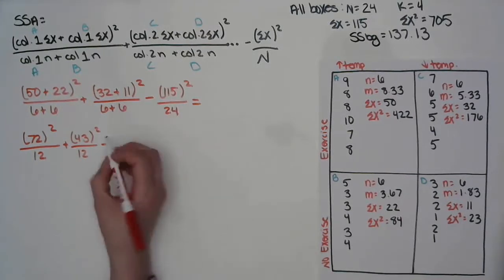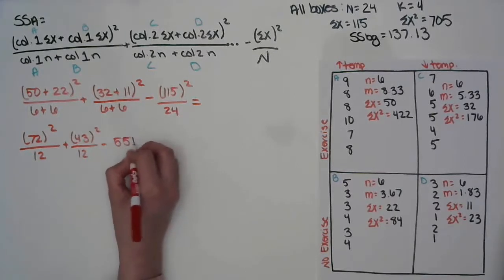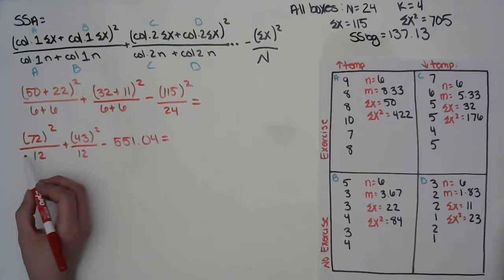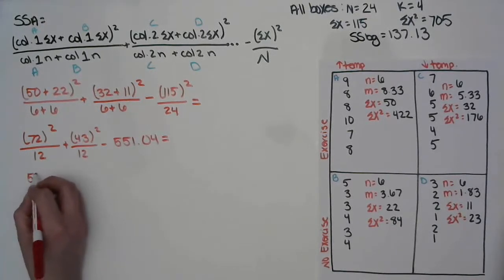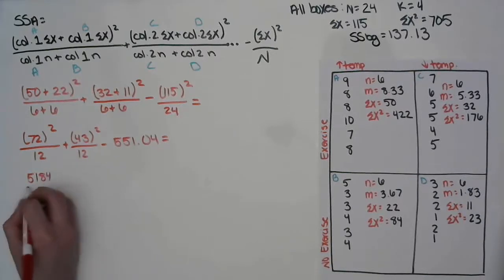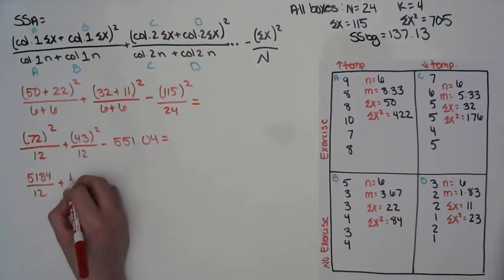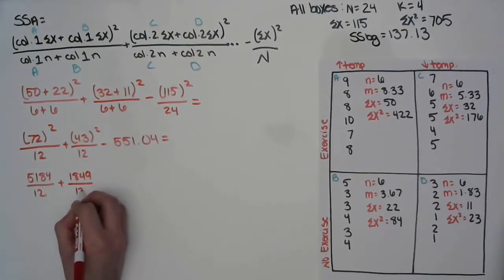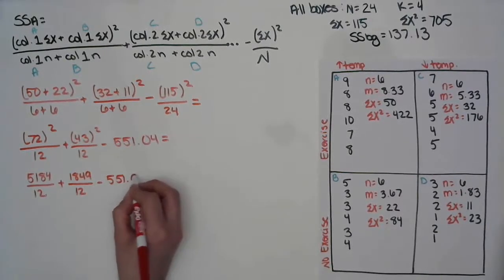Now we've done that multiple times, so we already know that the value for that is 551.04. So 72 squared is going to be 5,184 over 12, plus 43 squared is 1849 over 12, minus the 551.04.